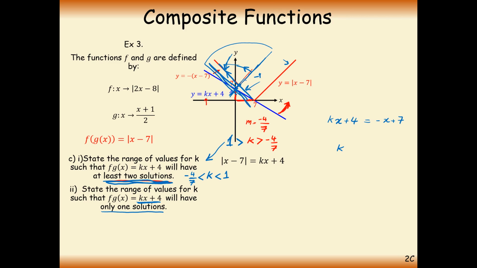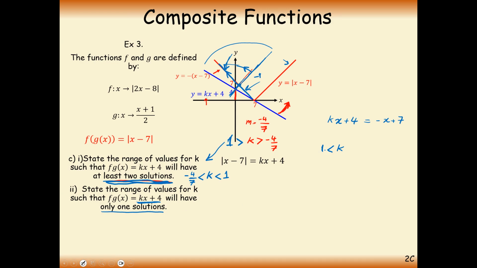If k is bigger than 1, it will have only one intersection. If you have trouble imagining this, just put your pencil on your paper and start rotating your pencil.